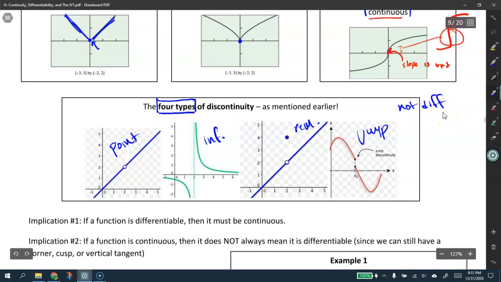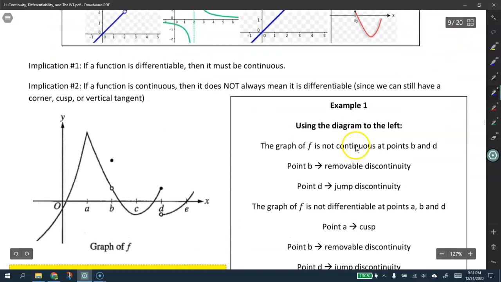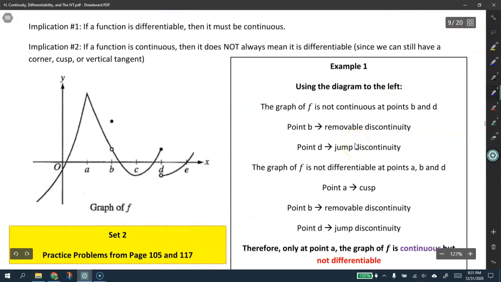Because if you just give it some thought, how can you possibly take a derivative at those given points where so many problems already exist? So an implication of this is, if you've been told that something is differentiable, automatically you're going to have to conclude that it must also be continuous.